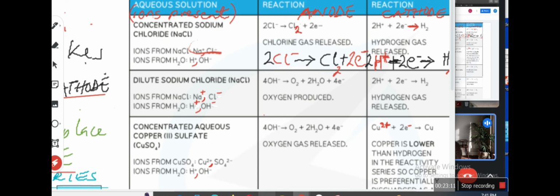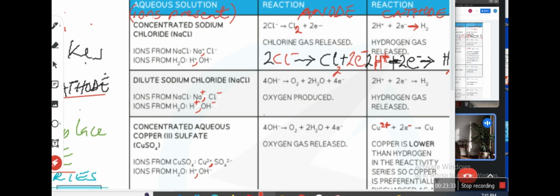First of all, what are the ions present in sodium chloride alone? You have sodium ion and chloride ion, right? Now, the ions present in water, because it is in a solution, whether concentrated or even diluted, are hydrogen ion and hydroxide ion.